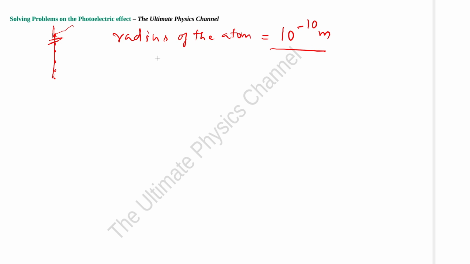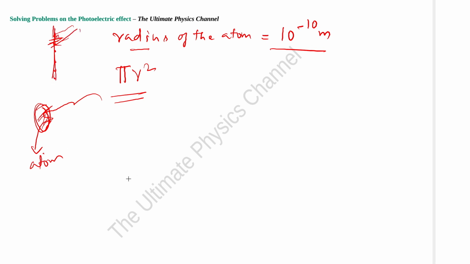Because this is the radius, one can calculate the area of a particular atom that is exposed to the radiation, incident light, that is. The cross-sectional area of that would be pi r squared, right? So using these, we can calculate the total energy falling on the metal surface.